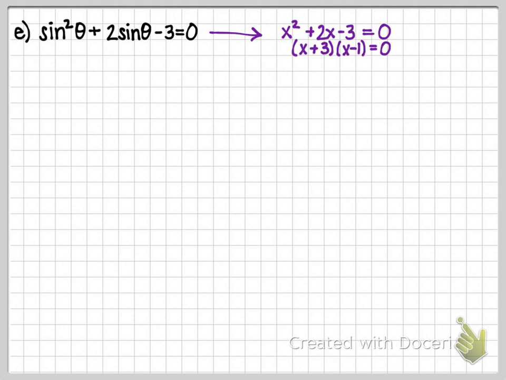So that means that I can rewrite this as sine of theta plus 3 times sine of theta minus 1 equals 0.